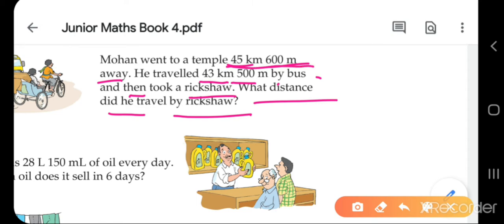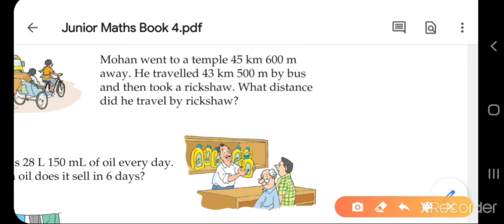Again I want to tell you that kilometer and meter are units to measure distance.